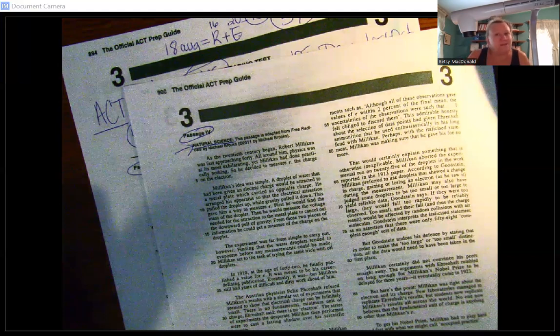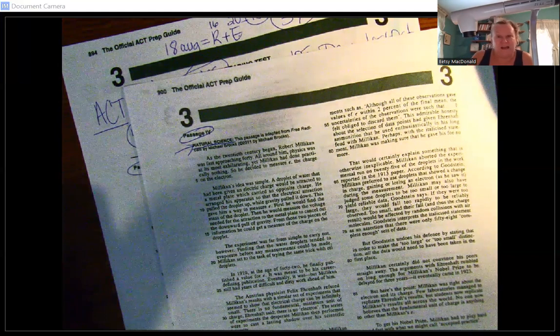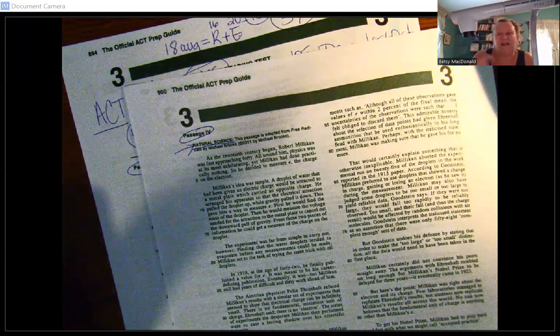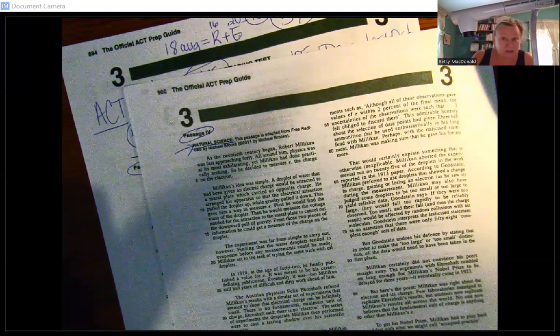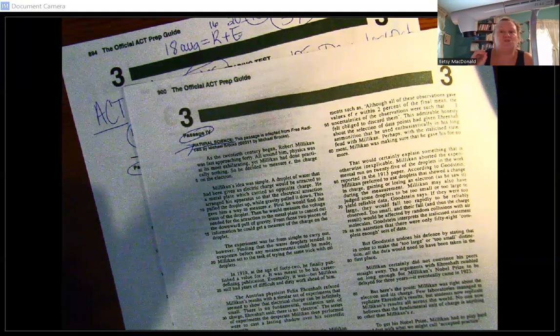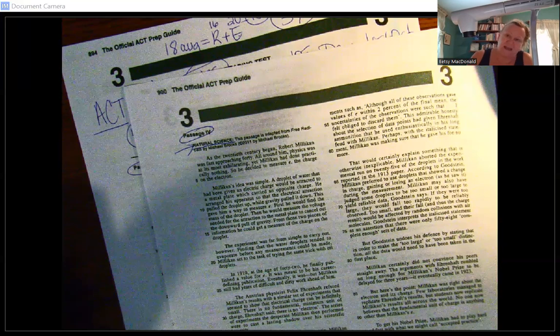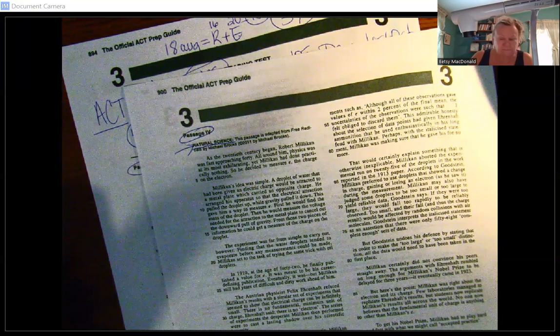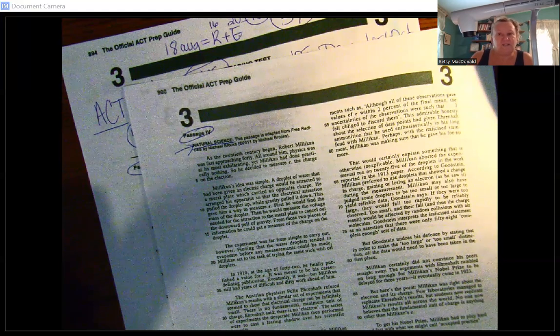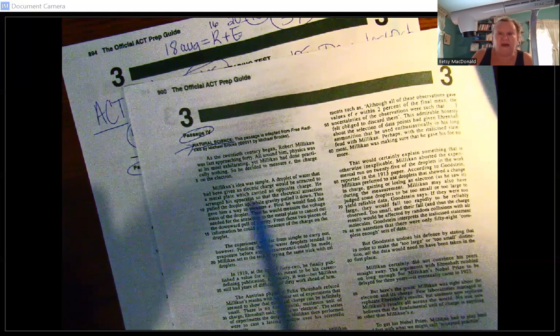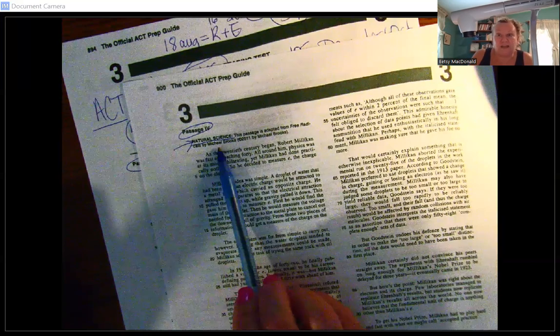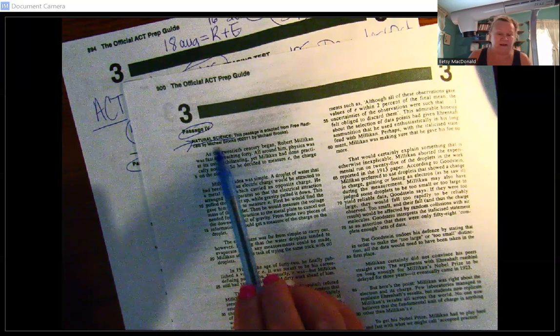But as long as it's not overly sciencey, sometimes it's my best one because it's more straightforward. It's literal. It doesn't have a lot of connotations that you have to pick up, or a lot of inferring. Also, my English as a second language students tend to do the best with this natural science, the fourth one. So keep that in mind.